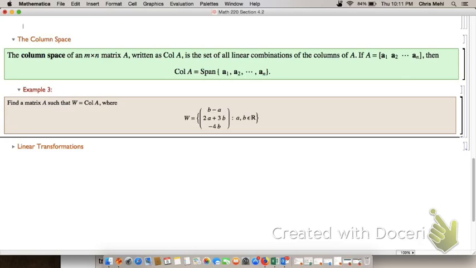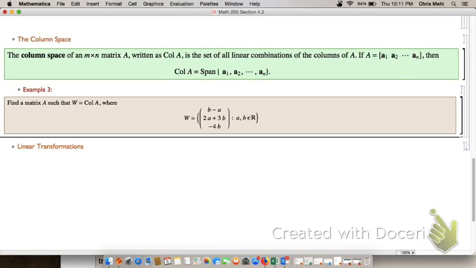It's the set of all vectors of that form where A and B are any real numbers. Now this is a lot less work than trying to find a matrix so that the given set is the null space of that matrix. So we don't really have to work as hard here.